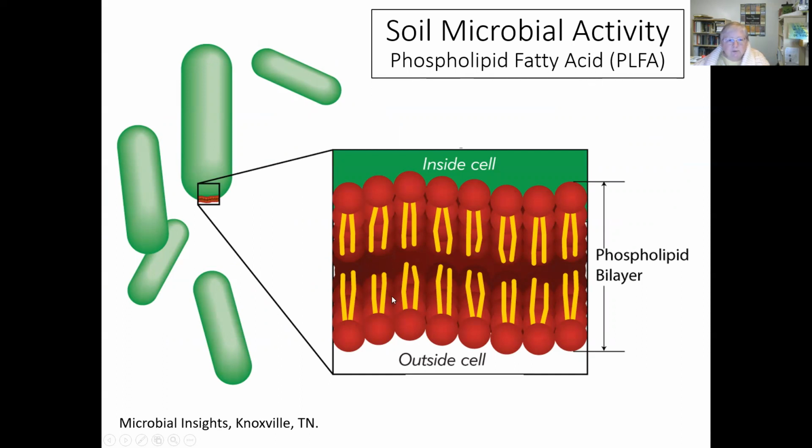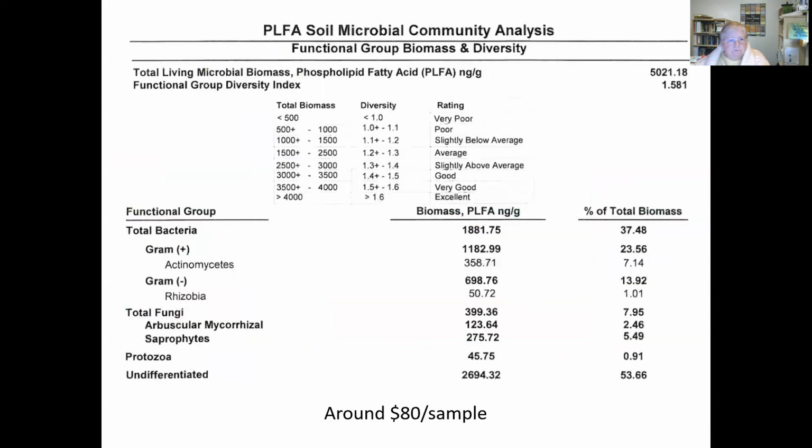The microbes are made up of a cell wall, or cell membrane, that has a particular phospholipid bilayer in it. This type is particular for each type of microbe present. The different bacteria and the different fungi have different PLFA compositions. What we measure in the PLFA is actually the microbial membranes.